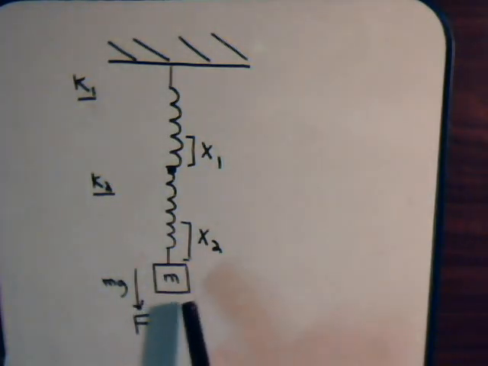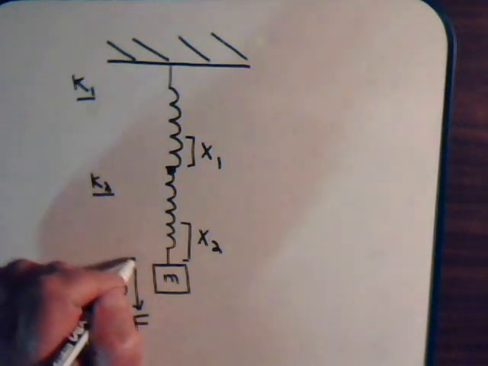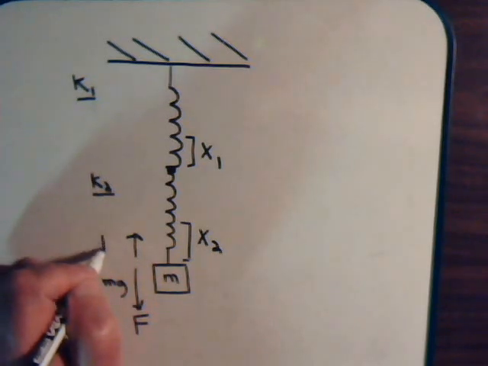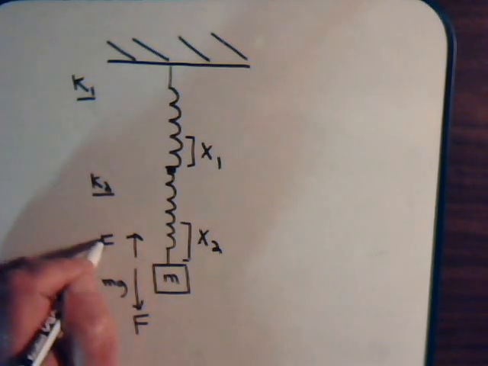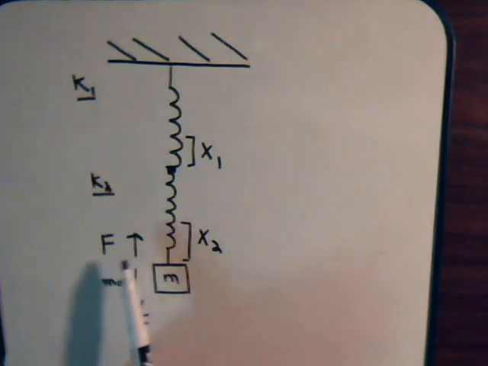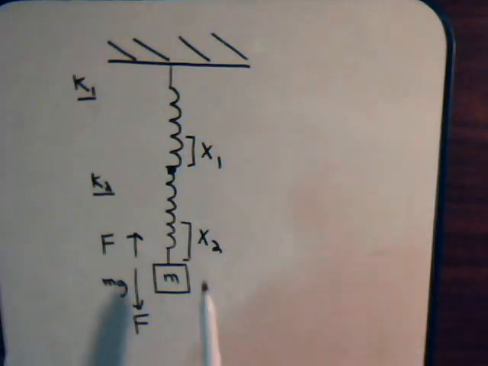It's going to be vertically stable. So then, if the mass has a downward force of F, then obviously there is a restoring force F in the opposite direction. And where this differs from the parallel arrangement is that the upward restoring force F is the same for both spring 1 and spring 2. It's the same everywhere, as a matter of fact.